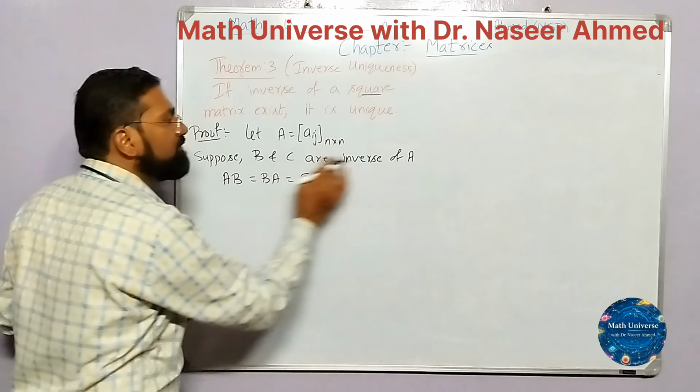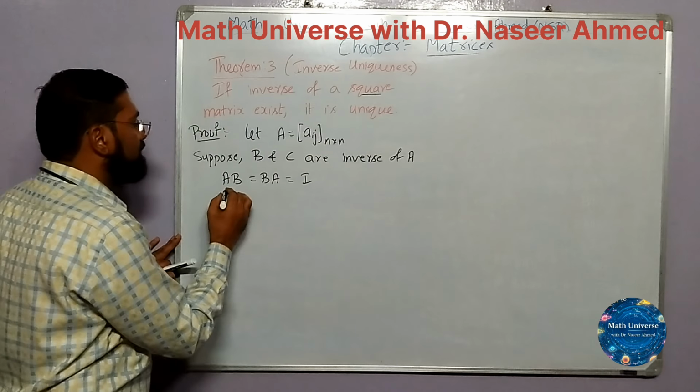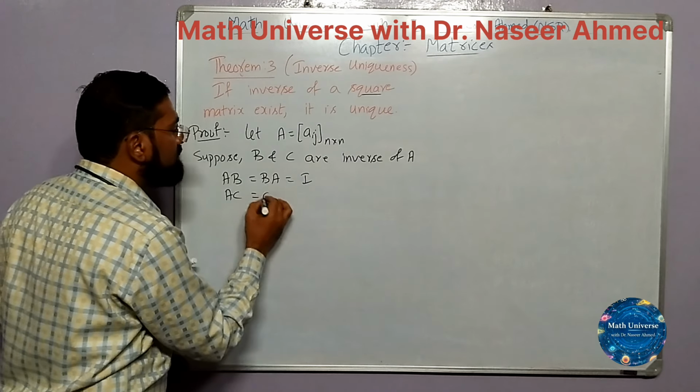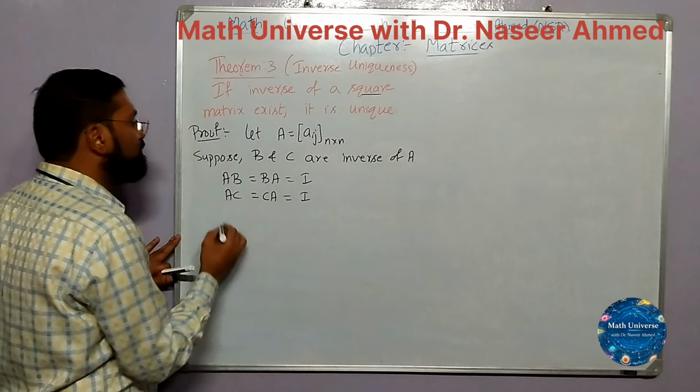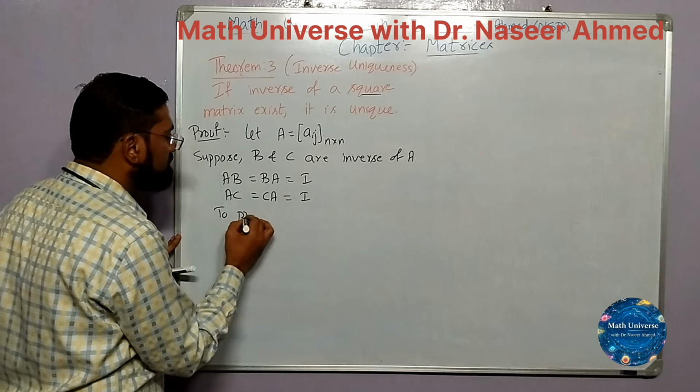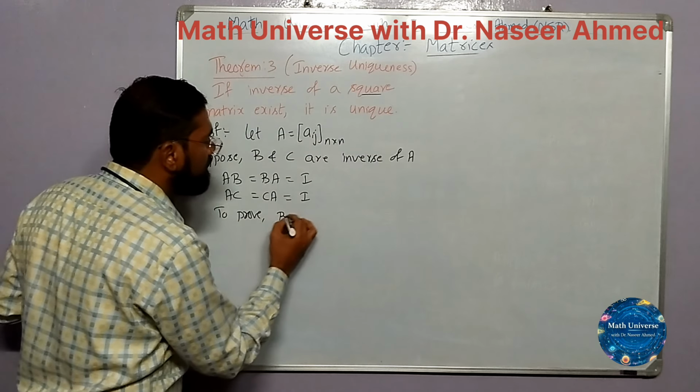Since C is also inverse of A, I should have A into C is equal to C into A is equal to I. Now I have to prove that B is equal to C.